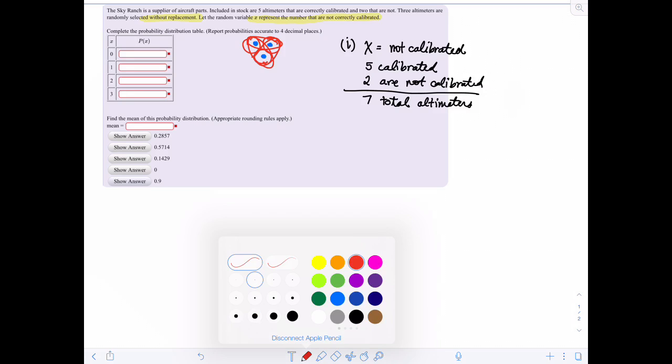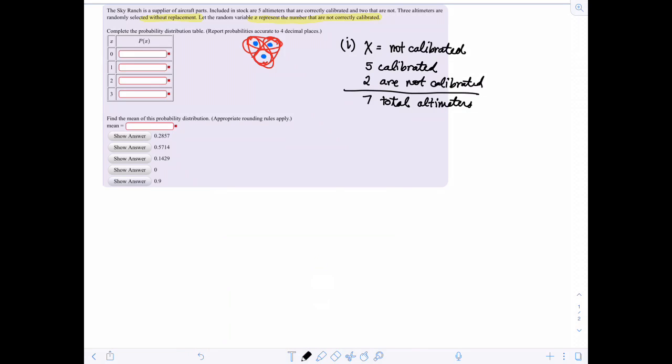So the second piece we want to talk about is that we're going to use combinations, because it's without replacement. And the second part is that order doesn't matter.